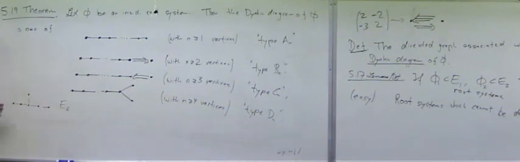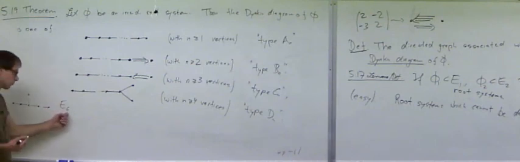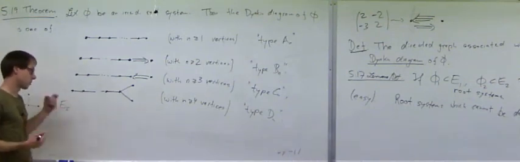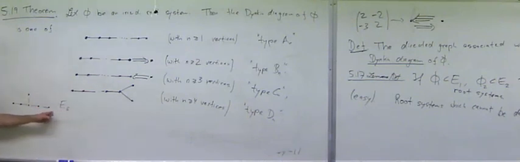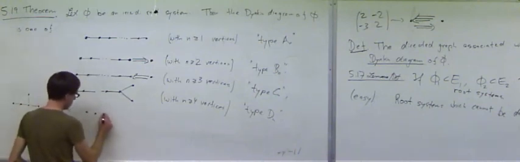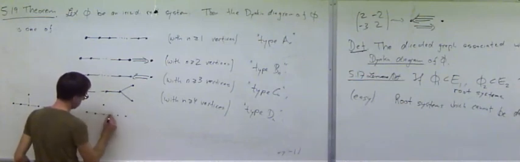I explained before, the index is the dimension of the Cartan subalgebra. So it's the dimension of the dual, and as the vertices correspond to basis vectors of the dual, it's clear that the index always gives the number of vertices here. So this is E6. Then there is E7.